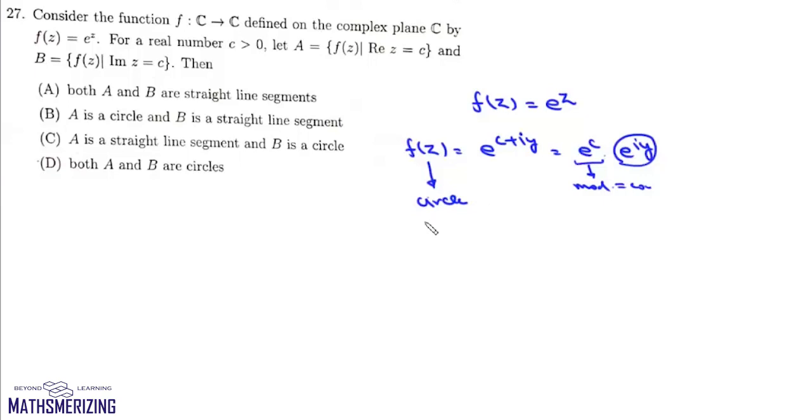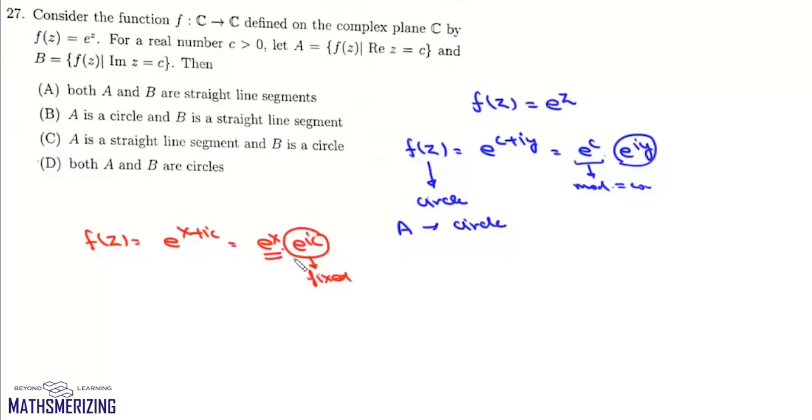So this A will represent points on a circle. Now the set B is f(z) such that the imaginary part of z is c. Now when the imaginary part of z is c, we can write f(z) as e to the power x plus iota c. So it will be e to the power x into e to the power iota c. Now its argument is fixed.